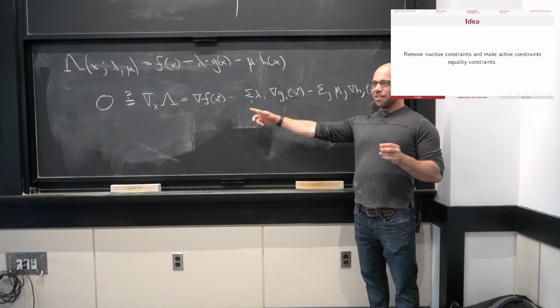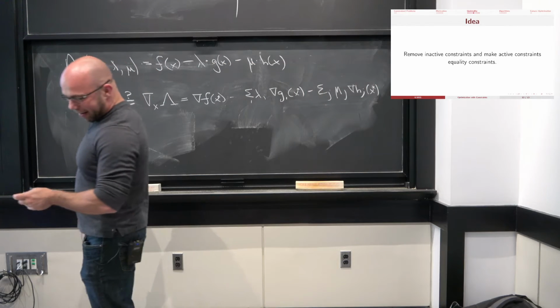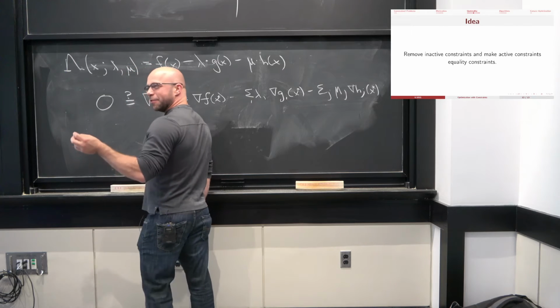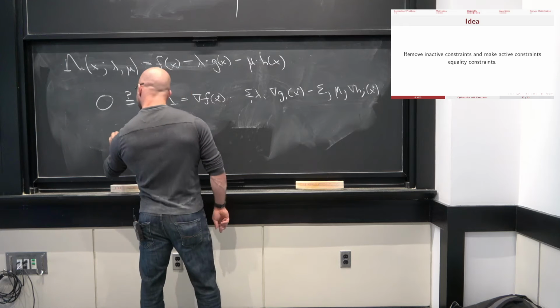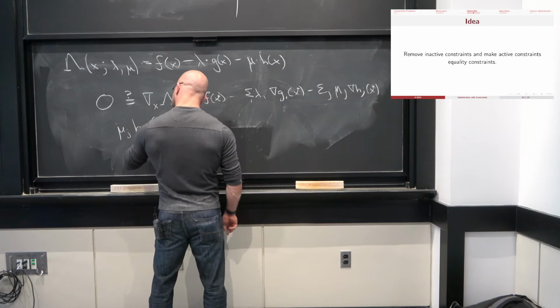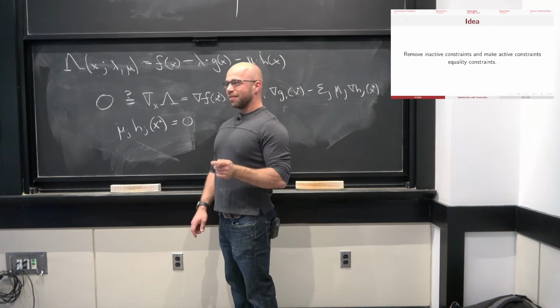One is this condition, and the second, we're going to just throw in there for yucks, is another condition. Sometimes this is called complementary slackness if you've taken a linear programming class. It says mu j times h j of x star is equal to 0.